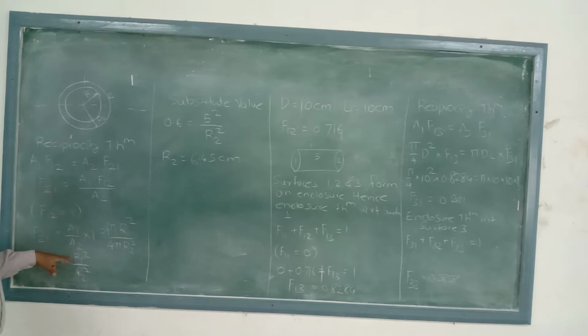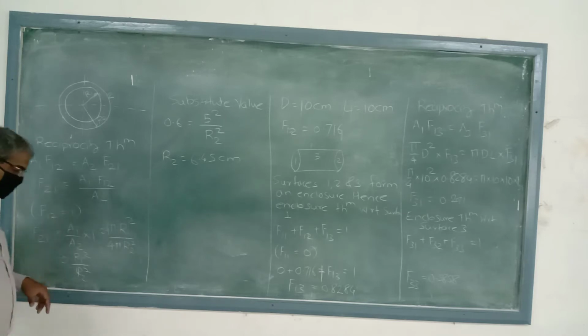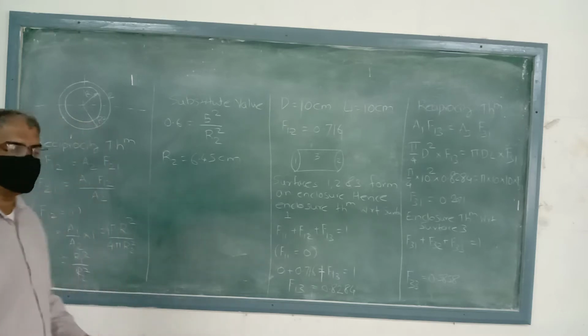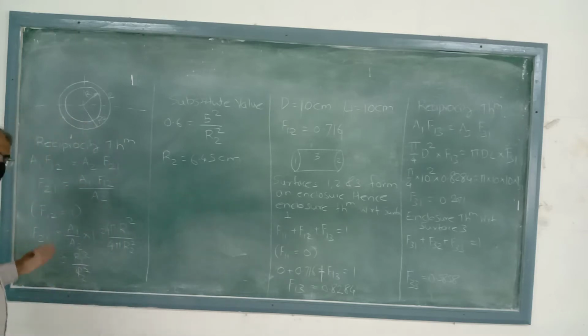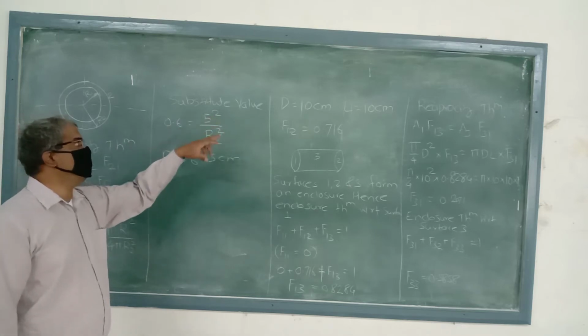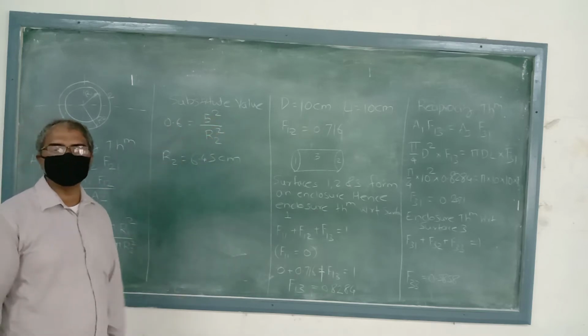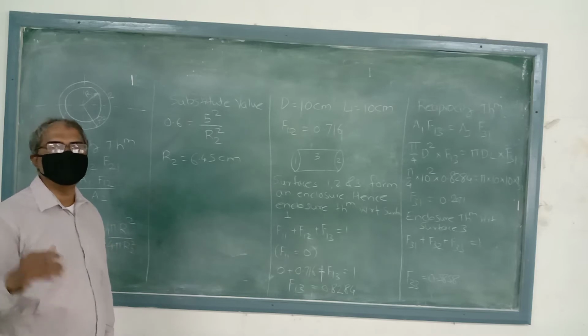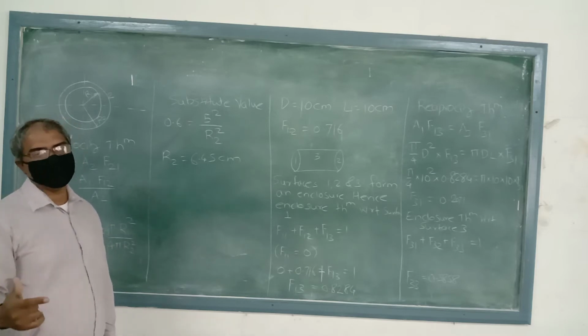Now we are going to substitute. We know the value of r1. r1 is 5 centimeter, they have mentioned. Also they have given the shape factor, F2 to 1 is 0.6. Now we substitute the values in this equation, so 0.6 is equal to 5 square upon r2 square, and r2 is the radius of the external sphere.